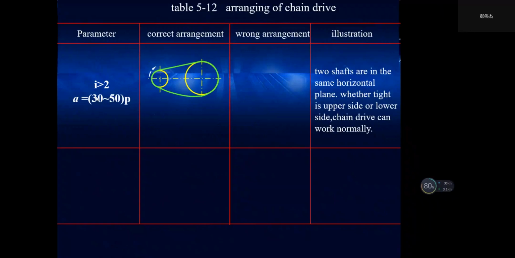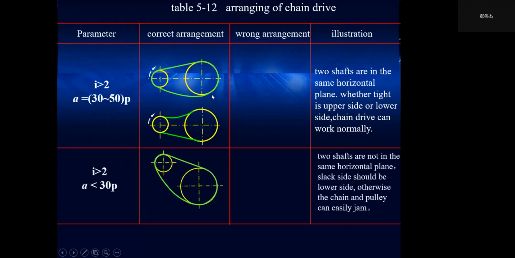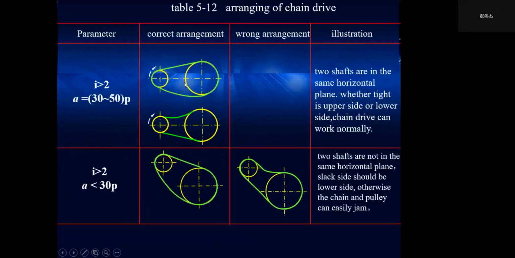We consider the conditions. If the speed ratio i is larger than 2, and the center distance is within this range, if the two shafts are in the same horizontal plane, whether the tight side is the upper side or lower side, chain drive can work normally.